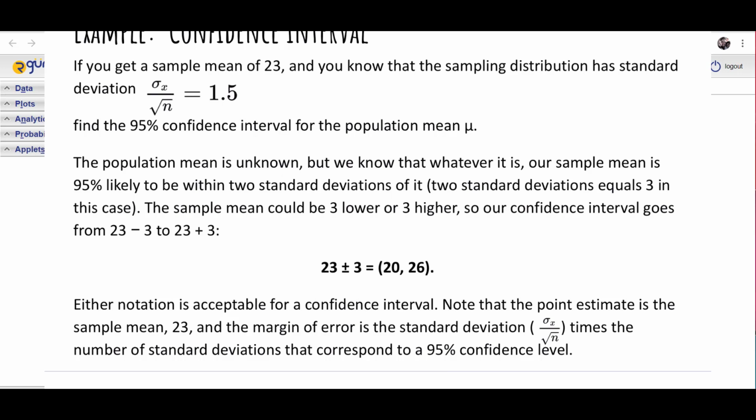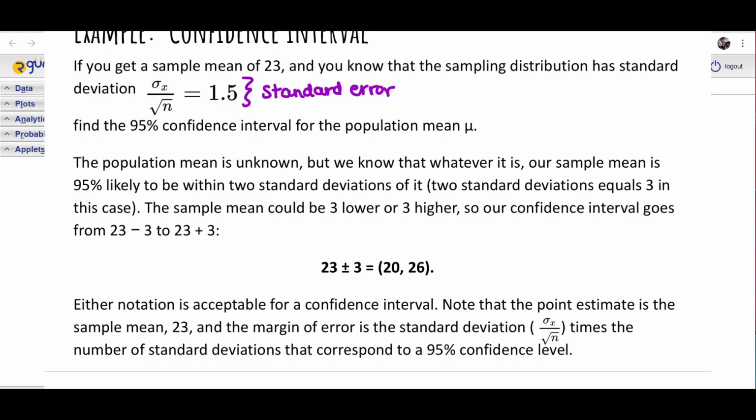That's the standard deviation of the sample means, also called the standard error.